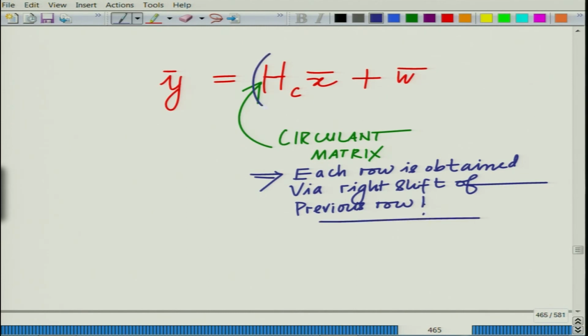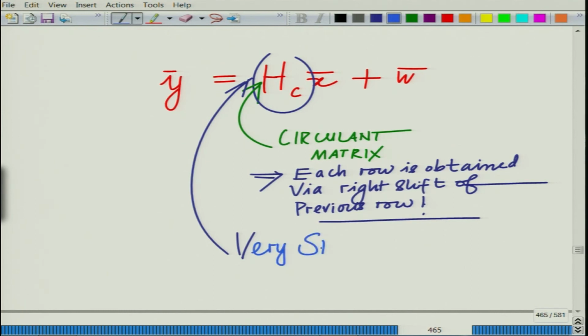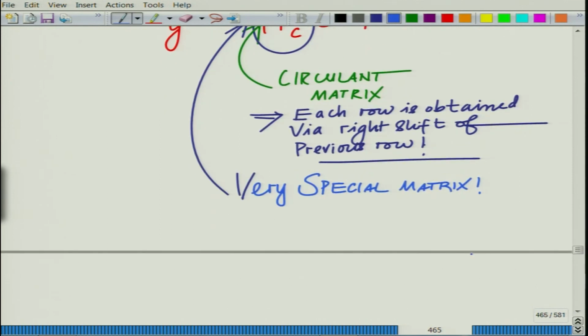This is a very special matrix. We are going to discover its properties, but I am going to write this right away. This is a very special matrix, and I would like to say as a mathematician, as an engineer, a very interesting matrix.